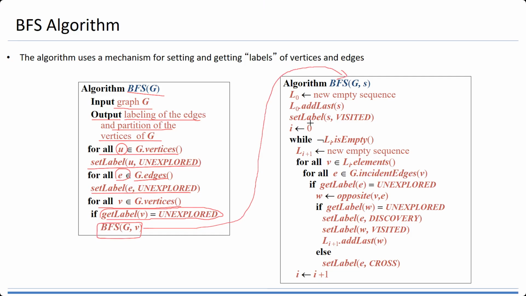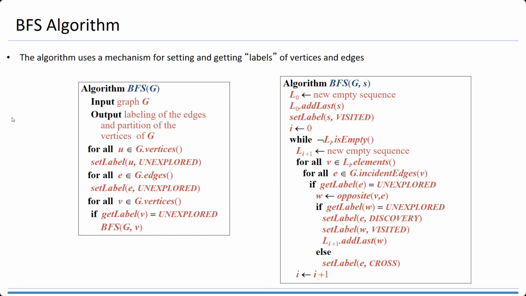So the BFS has two parameters. The first is G, and next is S. What is S? S is the current node. We have another variable, we call it L. So L0 is a new empty sequence.